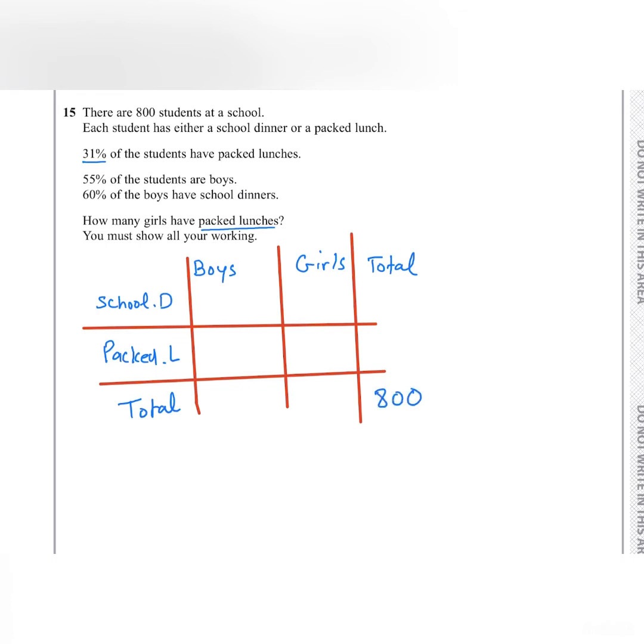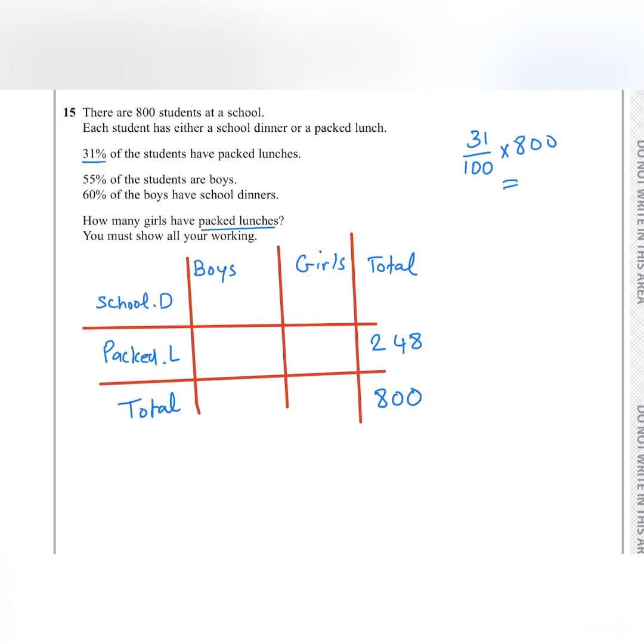Now 31% of the students have packed lunch. So 31 out of 100 times 800. Doing this calculation, 31 divided by 100 times 800, that gives us 248.